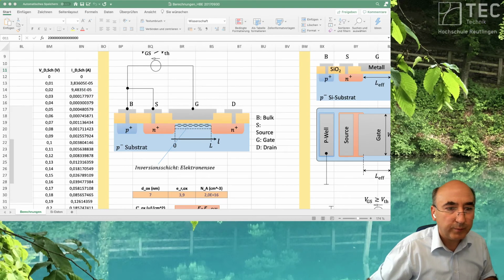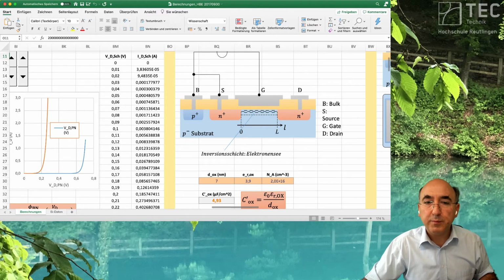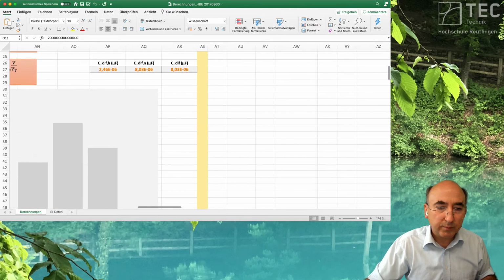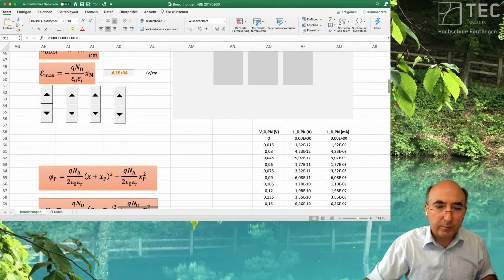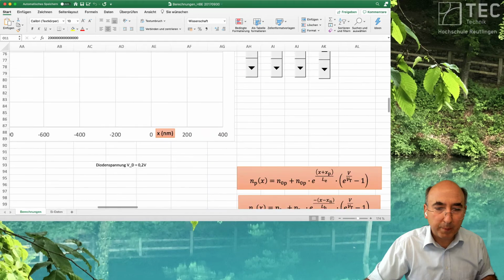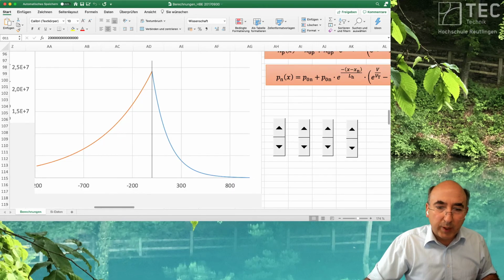Here we are. We learned that the diffusion length in the PN diode is, let's go here. Here we are. I'm just waiting for the diagram to happen.